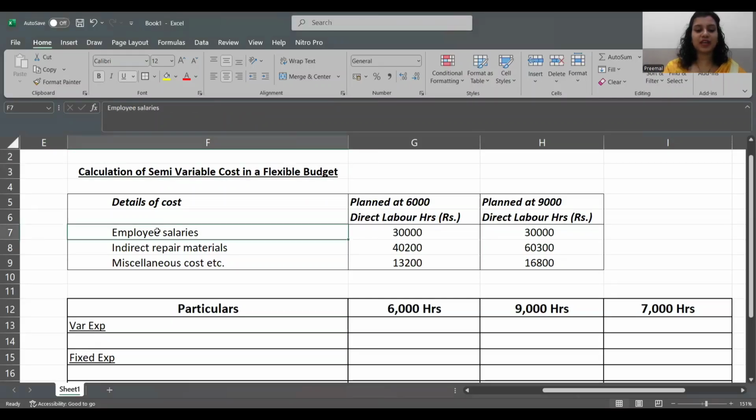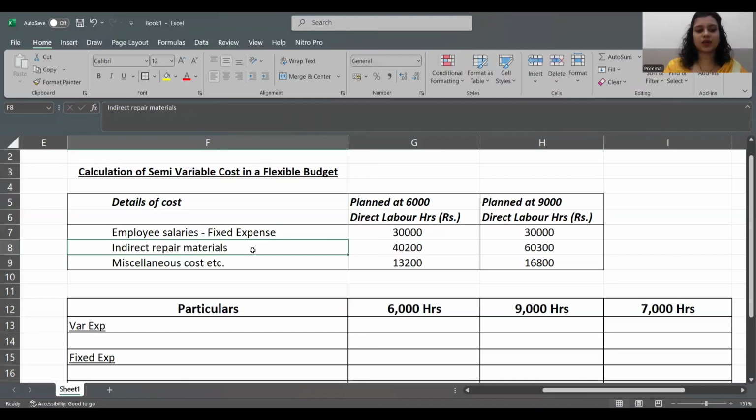The first one, we have employee salaries. If you notice, under both 6,000 labor hours and 9,000 labor hours, the employee salaries have remained the same at 30,000 rupees. So we can easily mention that employee salary is a fixed expense.